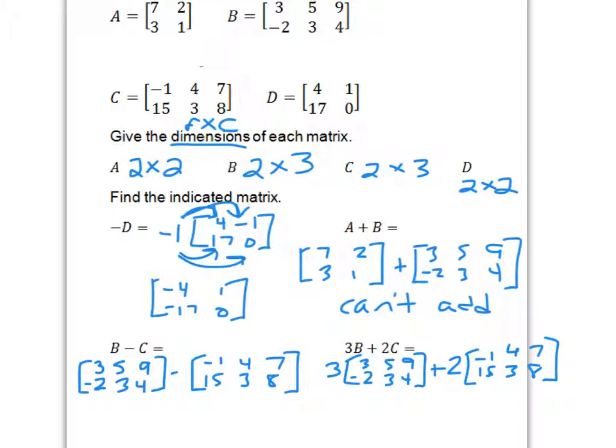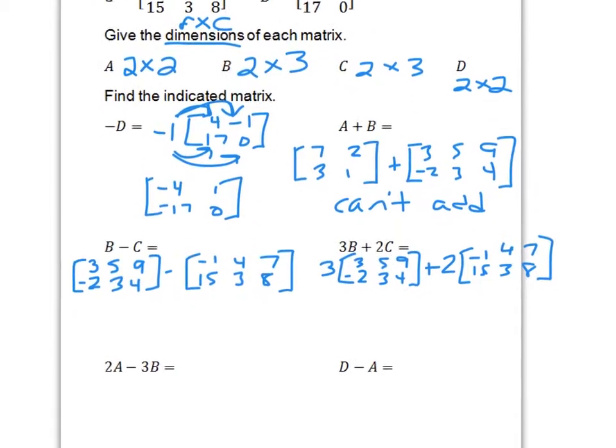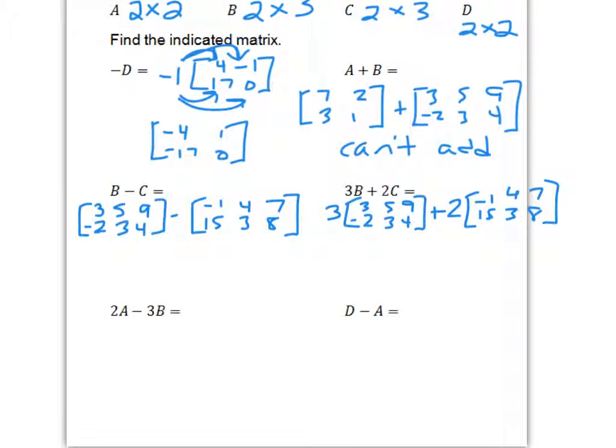All right, so let's actually perform those operations. Let's start with B minus C. So we're going to subtract the corresponding elements. So 3 minus -1 would be 4.